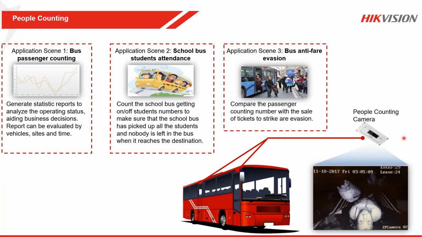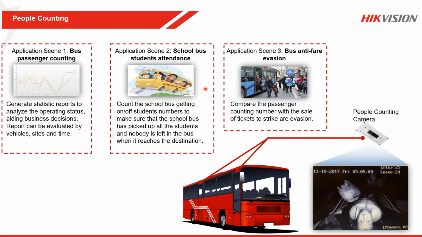On people counting, we can also look at functions of general people counting, like I mentioned, a daily report of entering and leaving. Then we can also apply people counting to a school bus.